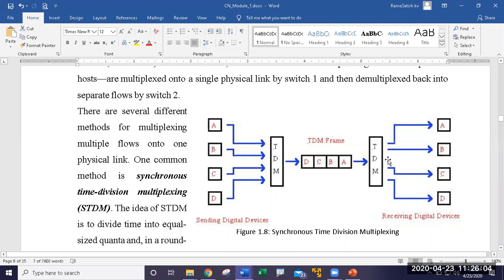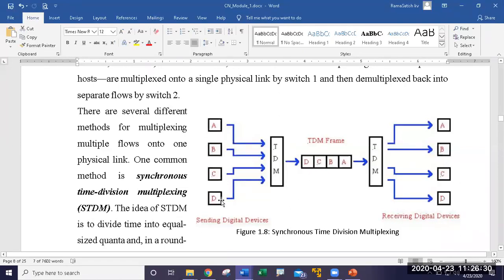And in the next 4 seconds, again A will be the first second, B the second, C the third, D the fourth. Suppose they have data, they will transmit. If they don't have data, their allocated time will not be utilized. This is one of the biggest problems of synchronous time division multiplexing.